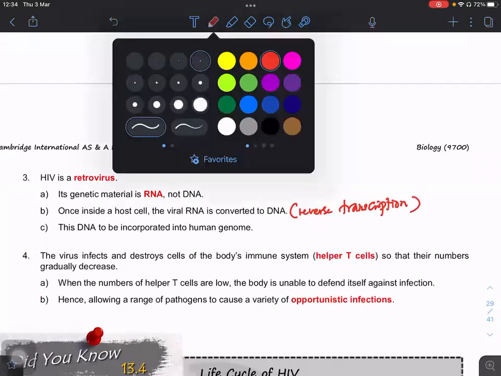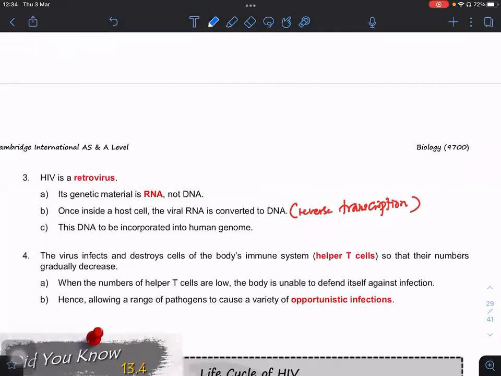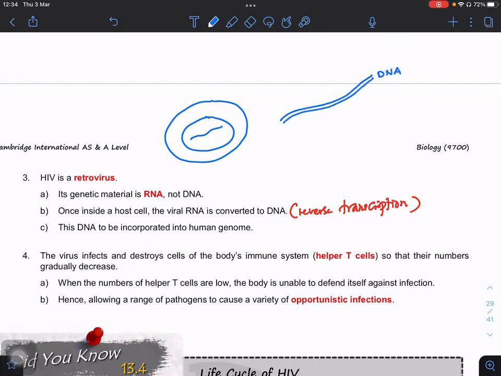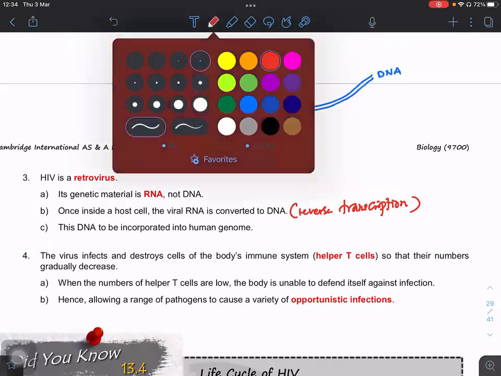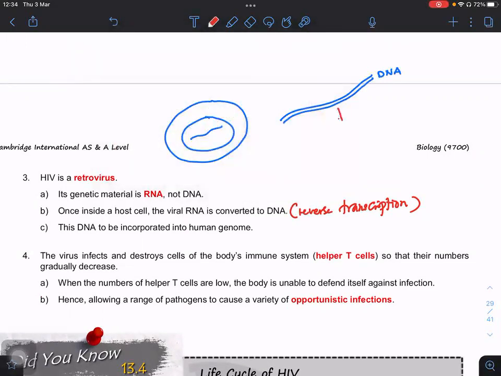Now, inside our host cell, in our nucleus, we have DNA. If our DNA is enlarged, we know that it's double-stranded. DNA can be used in the transcription process, and we get the mRNA.